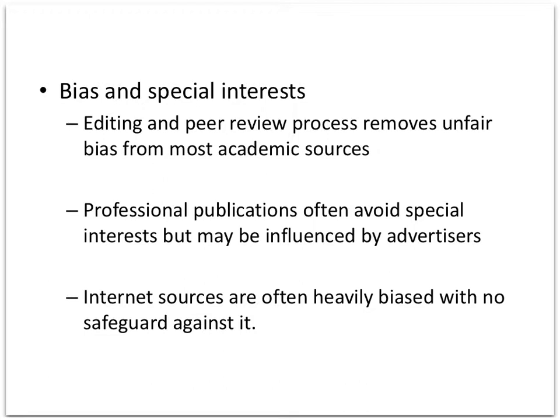We always want to look for any kind of obvious bias or any kind of appeal to any special interest on the author or source's part. In academic writing, the editing and peer review process removes what we'll call unfair bias from most academic sources. There is a distinction, however, that we need to make between what we call unfair bias and fair bias.